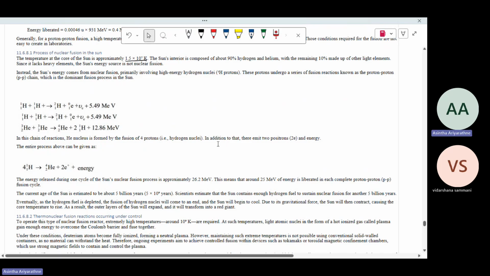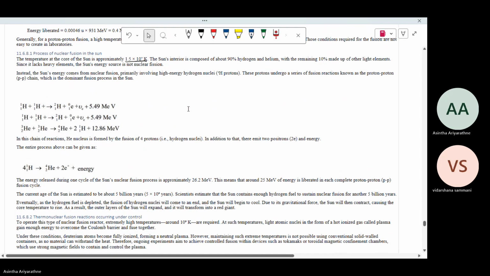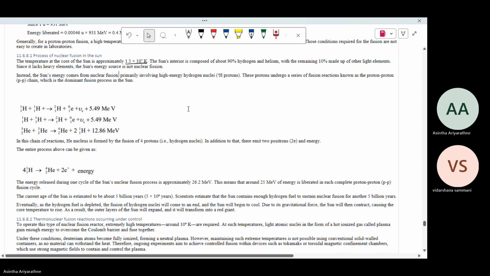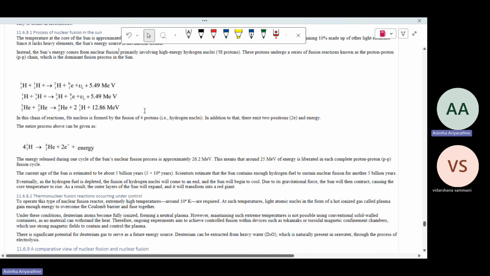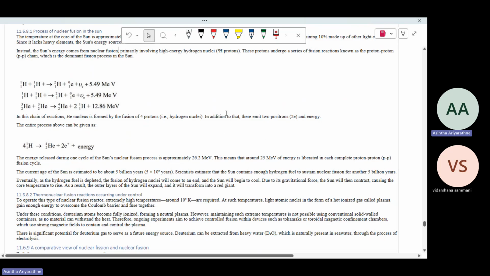So it only consists of very lightweight nuclei. That's why the process happens in the sun. By the combination of hydrogen atoms, deuterium, H-1,2, nuclei are formed.